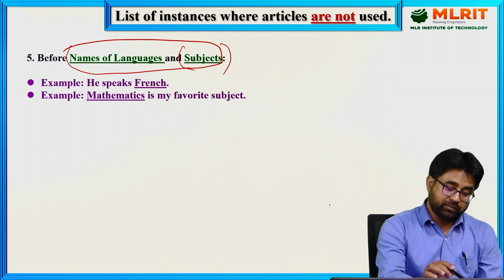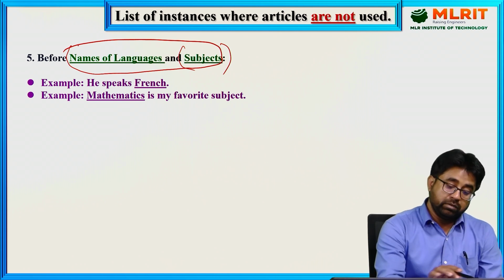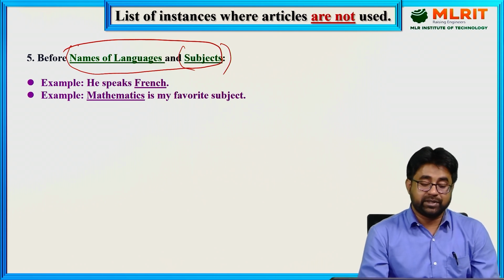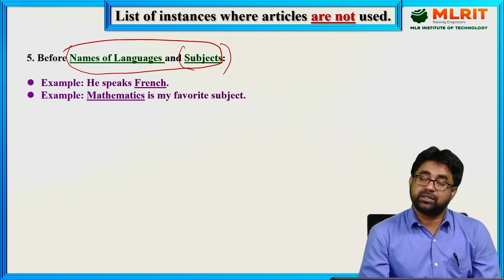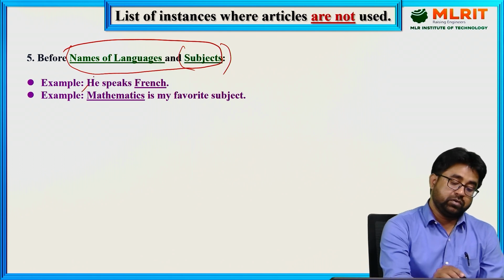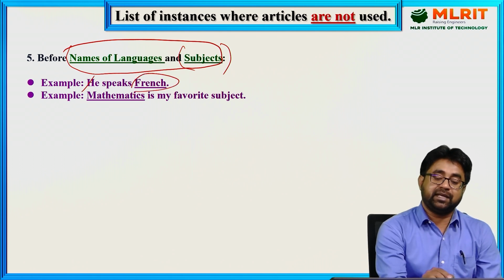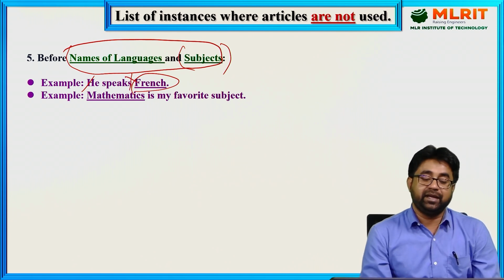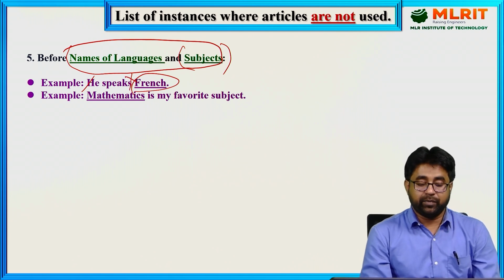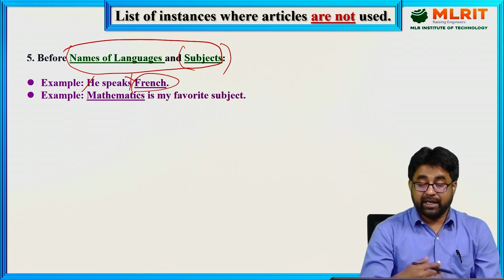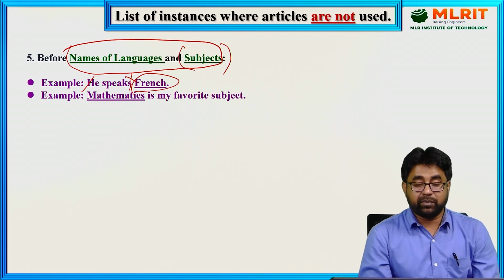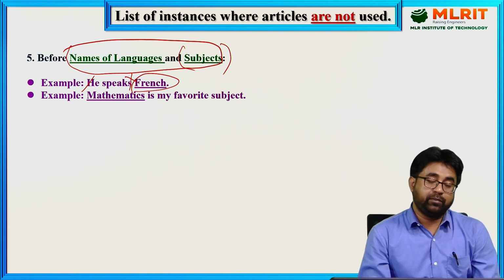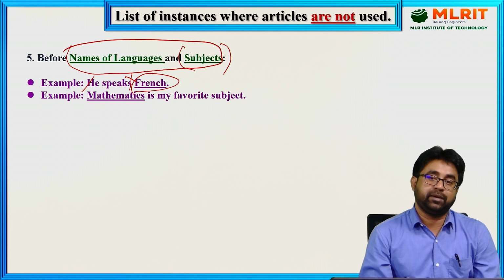As per that rule, before names of languages or subjects, we are not supposed to use any article. So this is the name of a language, and I'm not using any article here. He speaks English, without any article. I speak Hindi. I am not supposed to use any article before the name of the language.